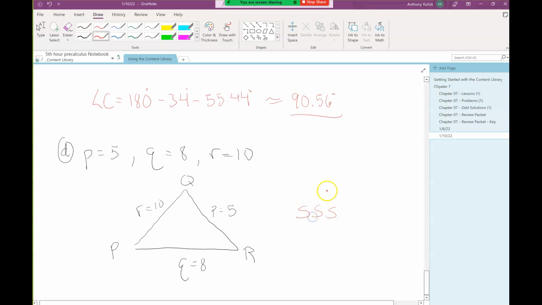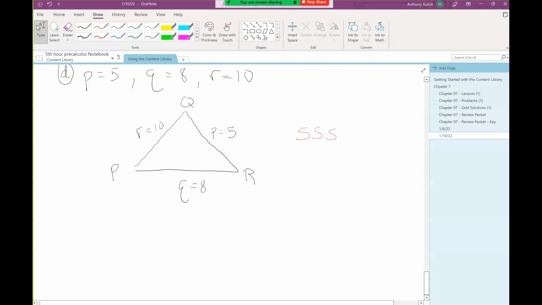This is the one that no one should ever mess up, since there's no angles involved. Now remember, with side, side, side, we put a little asterisk on this last time because there was something else that we had to worry about. The thing we have to worry about in a side, side, side situation is, is this triangle even possible?